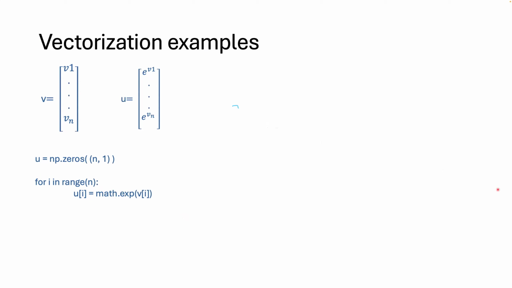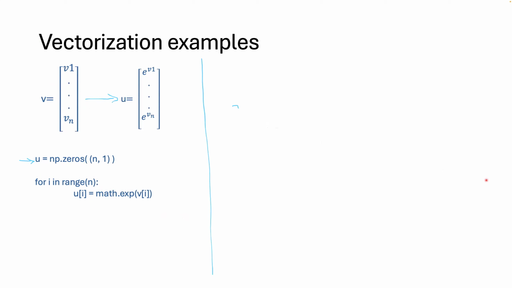At first you initialize u to the vector of zeros, and then you for loop, as I told you before, and that computes the elements one at a time. It's going to compute this, then this, then this, then this, and this is going to take a lot of time.